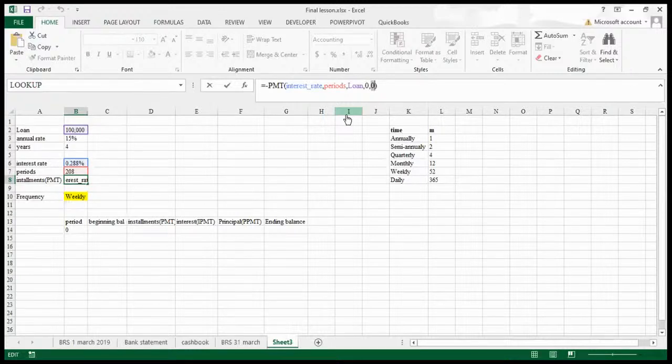It is at the end of the period, and therefore we have 0. Is it now understood? Okay, so let's proceed.